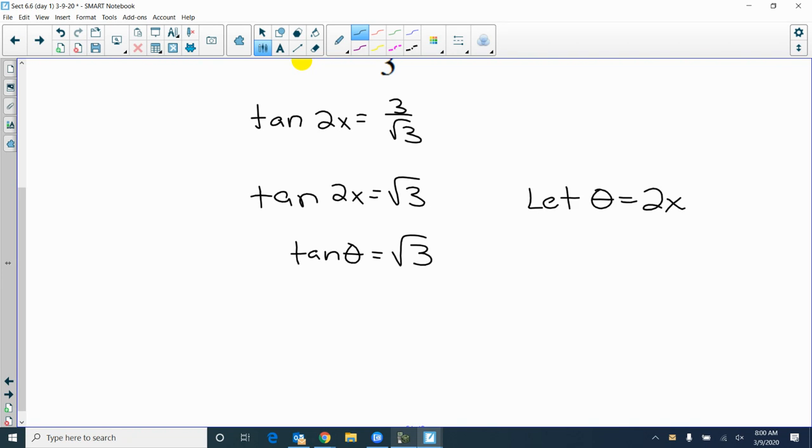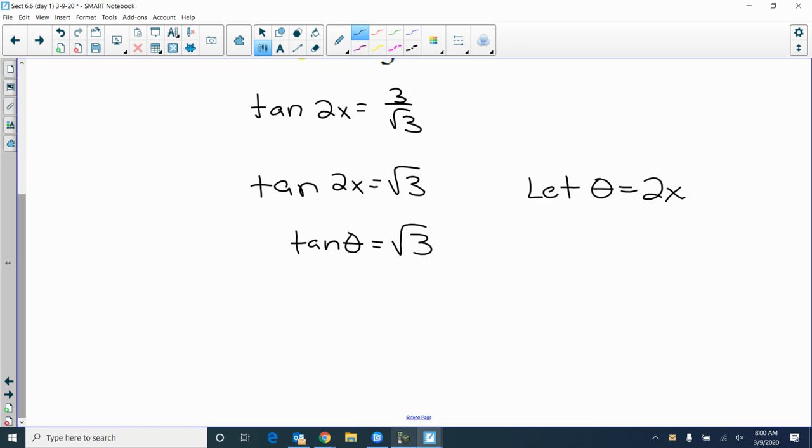All right, what's the period for tangent? Do you remember? Amanda Kaiser, do you remember the period for tangent? Is it 2 pi or pi? It is pi. So here's what we're going to do. Our answer will be theta equals pi over 3 plus pi n.